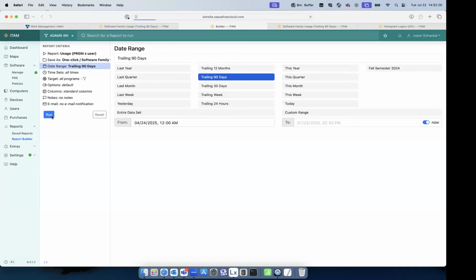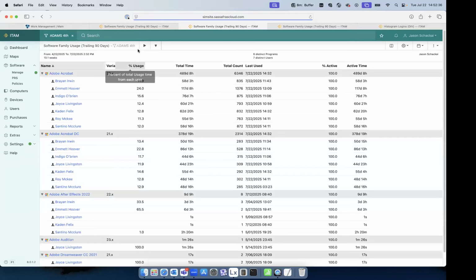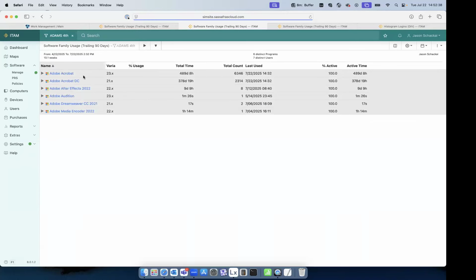And now we're targeting Adobe Creative Cloud as a product family, but we're presenting the data by application. So when this finishes, we're going to see basically that same Creative Cloud usage data, but now we see it broken down by exactly which applications were launched. And if I run a report like this, I see it's almost entirely Acrobat.